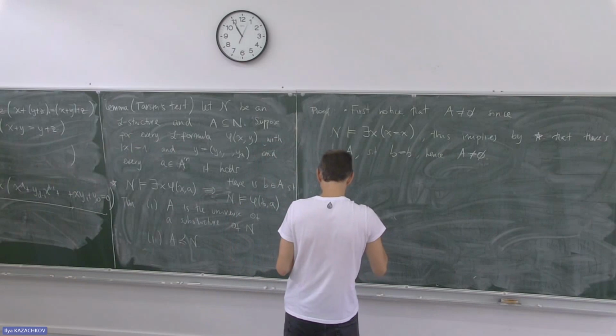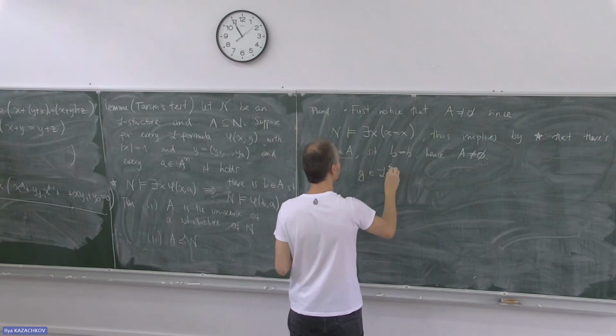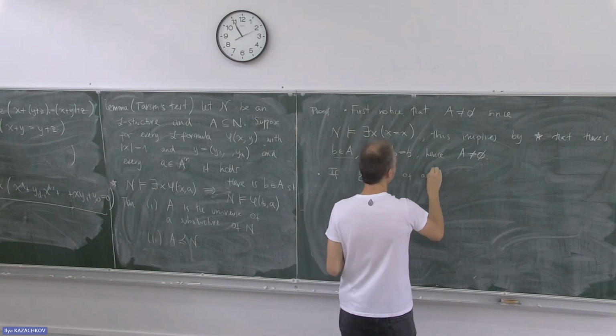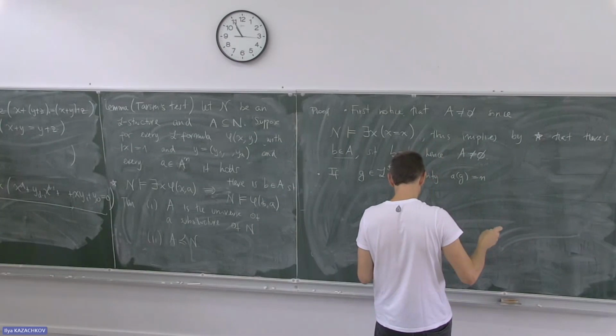Then, let's say G is a function symbol of my language, of arity, let's say n.